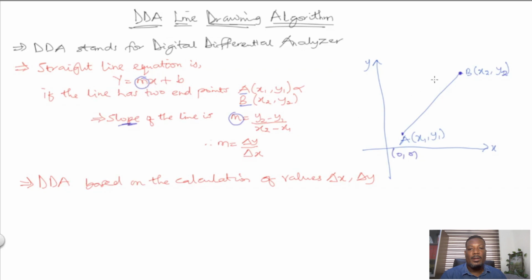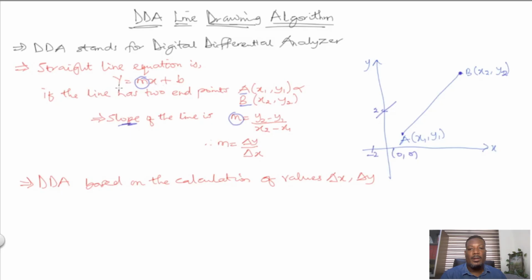Now if the line crosses the y-axis at, for instance, 2, then we say the y-intercept is 2. If it crosses the x-axis at negative 2, then we say the x-intercept is negative 2.